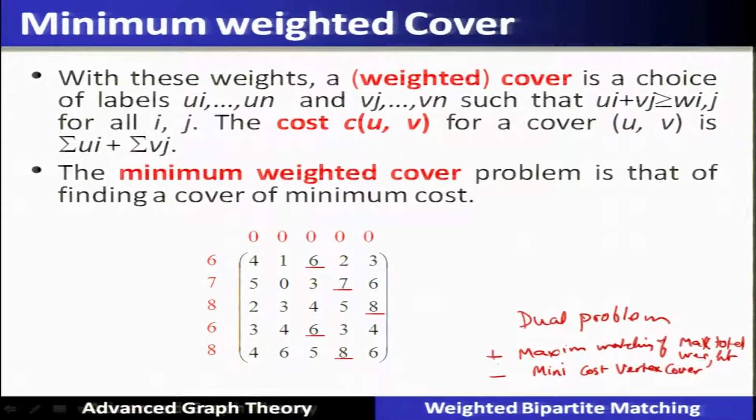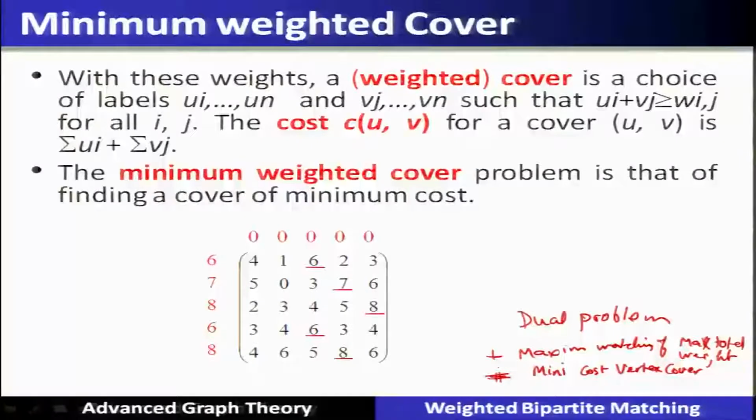So, both are dual problems. If we solve maximum weighted matching, then we are going to solve the minimum weighted cover, or if we are solving the minimum weighted cover problem, then we are going to solve the maximum matching of maximum total weight.